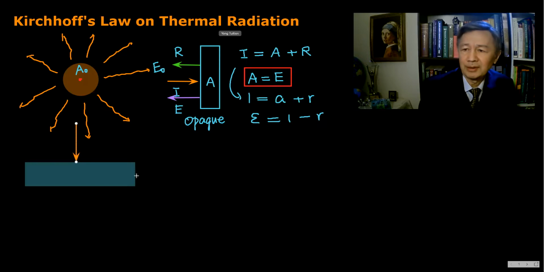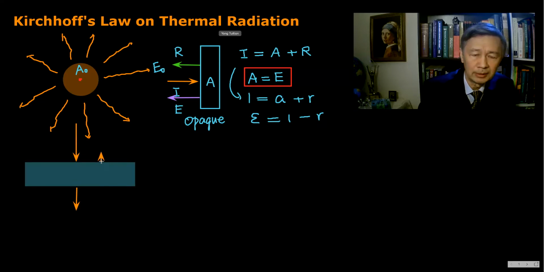After that, because it's not opaque, there is transmission, so part of the radiation will be transmitted. And there is still some reflection. But in general, if we're dealing with transparent or semi-transparent media, the reflection should be very small, relatively speaking.